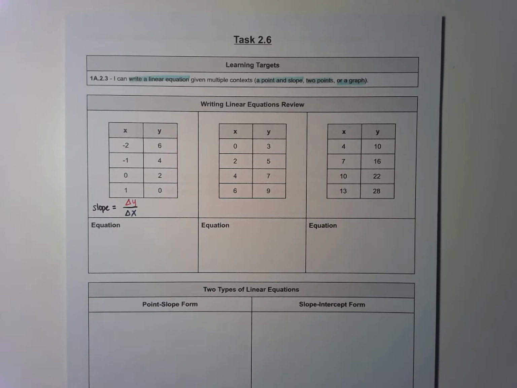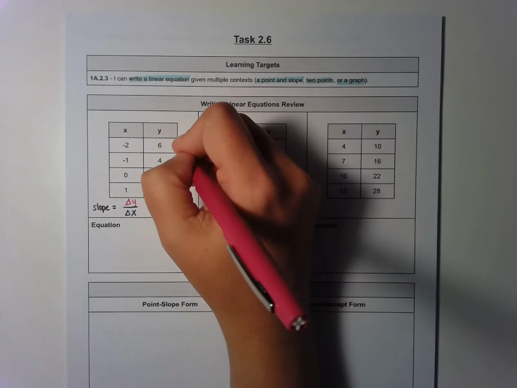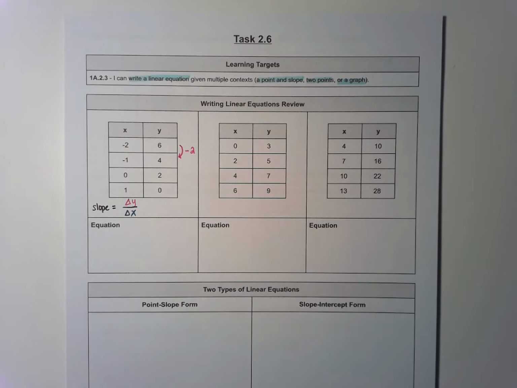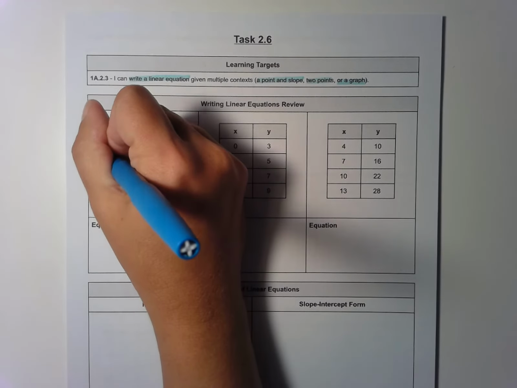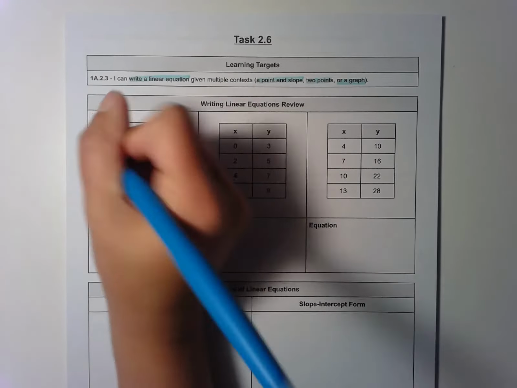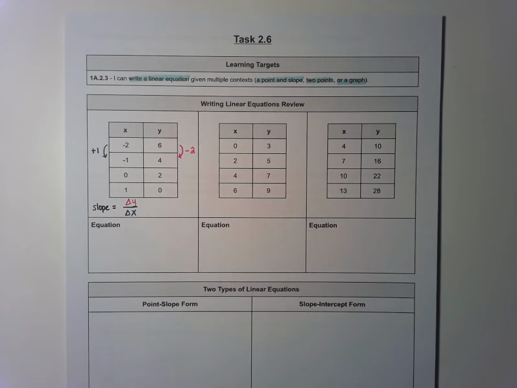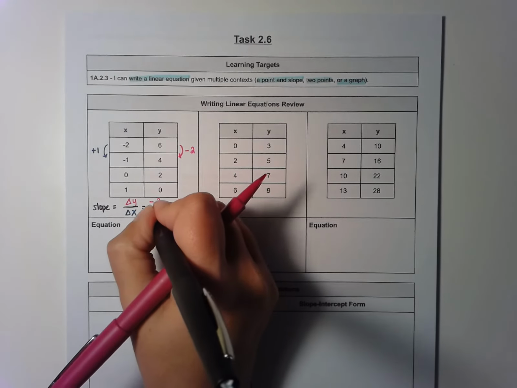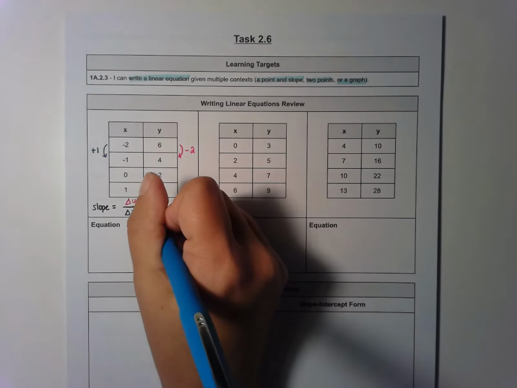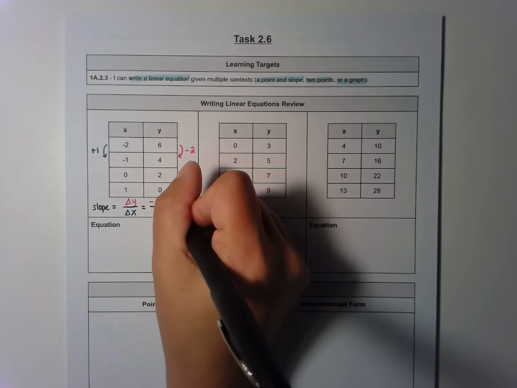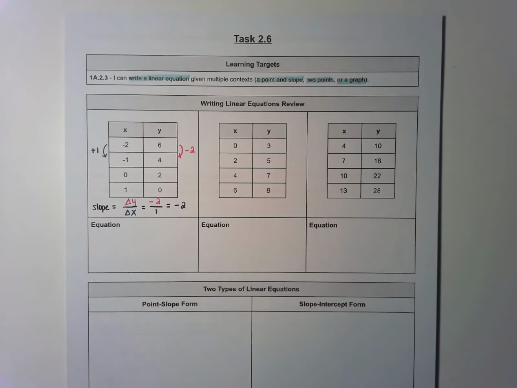So in this table, the change in y would be going from 6 to 4 is -2. And the change in x would be going from -2 to -1, which is +1. So my slope fraction would be -2 divided by 1. And if we can simplify, we always want to simplify, and that would give us just -2.